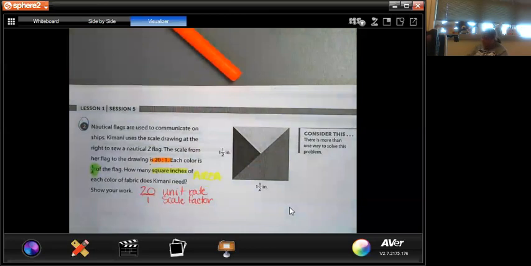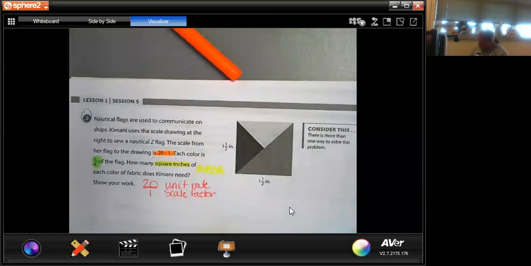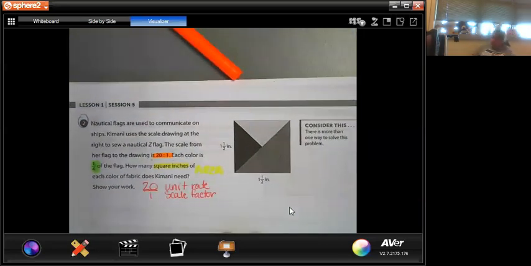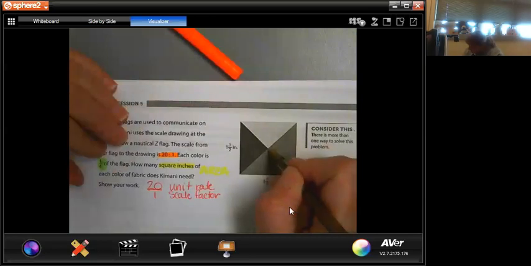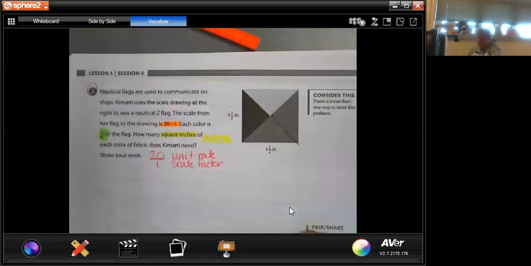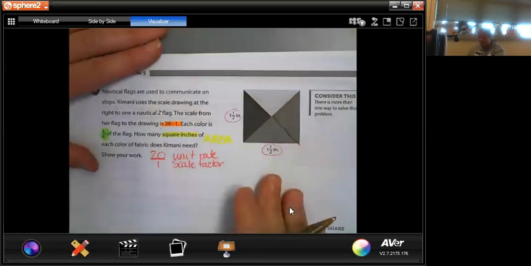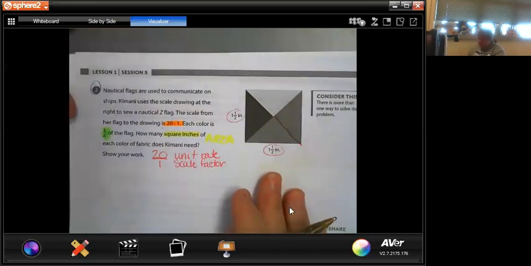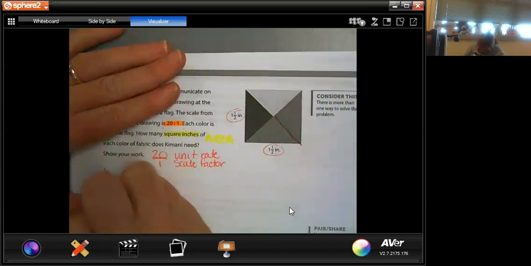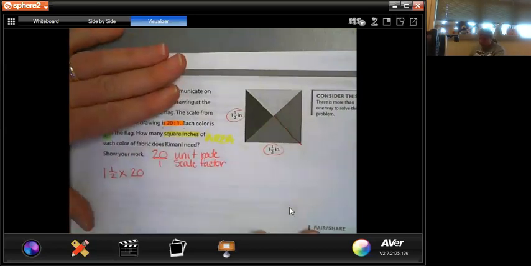First step, and FYI, this is not very easy to see here, but there is a line that goes like this. We first of all need to do our conversions. We need to find out what the actual lengths of both of those are. So remember what we do is we take each side and we multiply it by the scale factor.